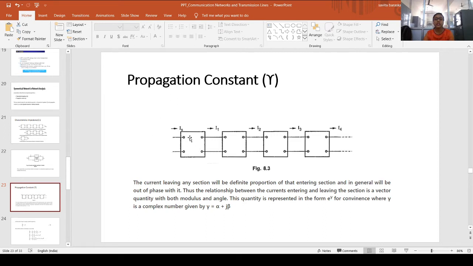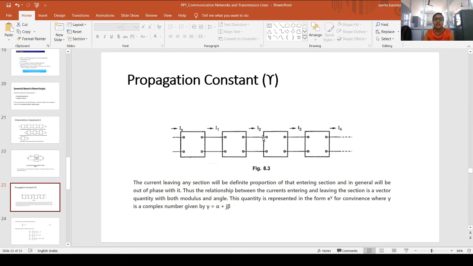So here in the diagram, the four terminal network, meaning two port network, are connected in the cascade form, and here the incoming current is the Is to the first two port network, and the outgoing current is represented by the I1, which is going to the second two port network.